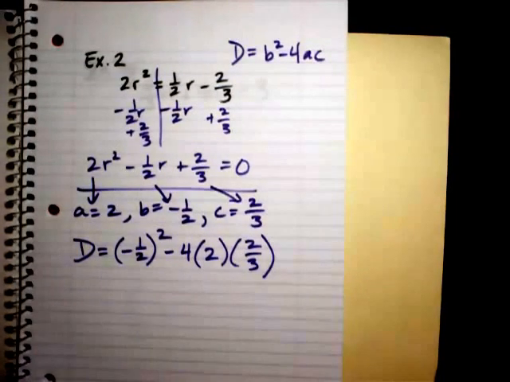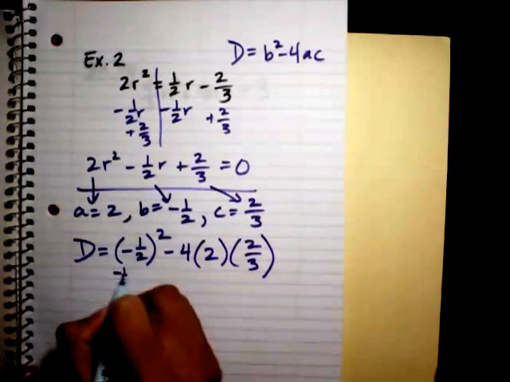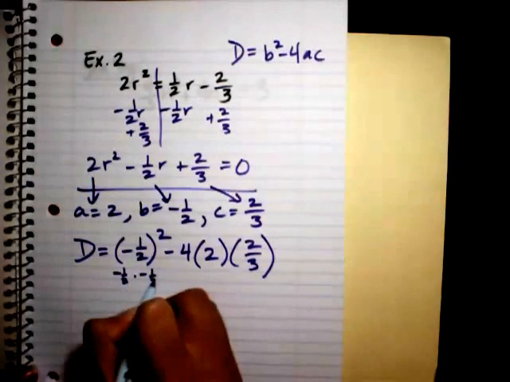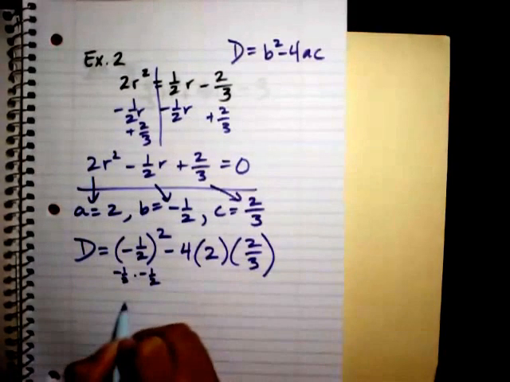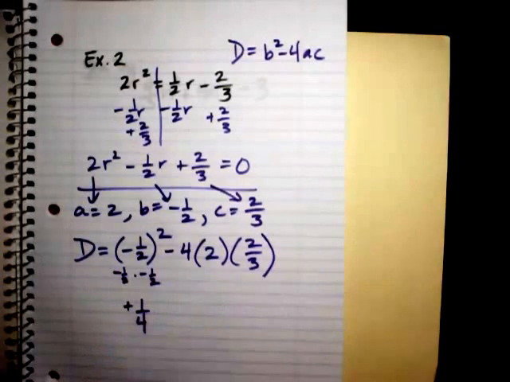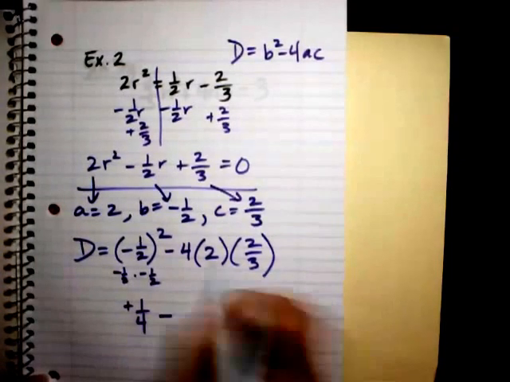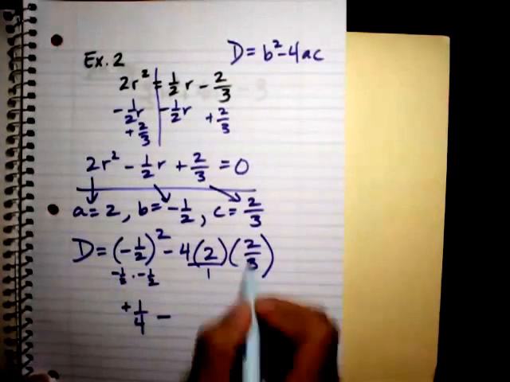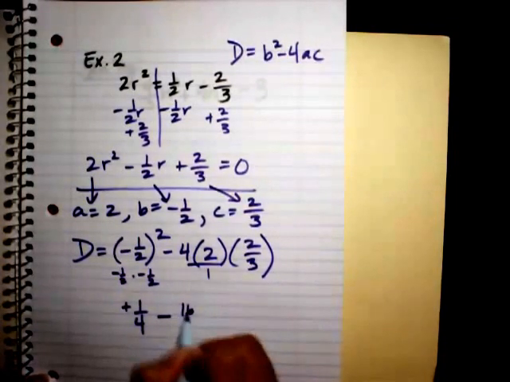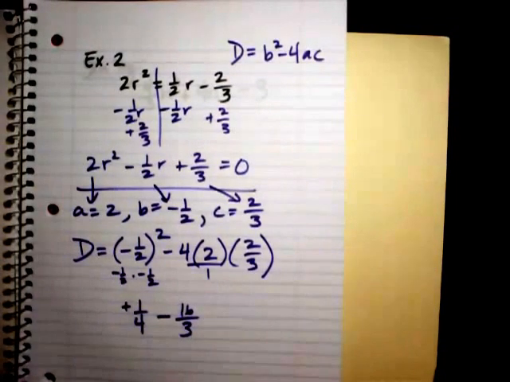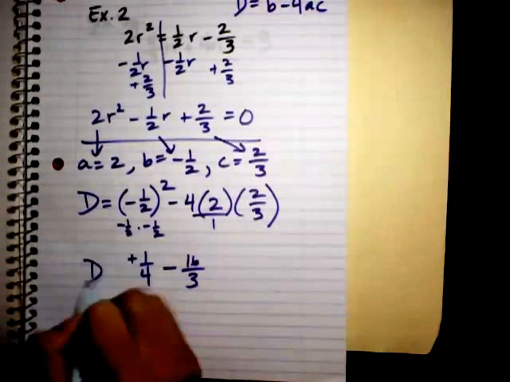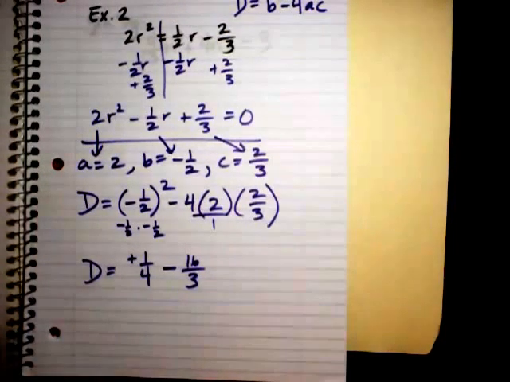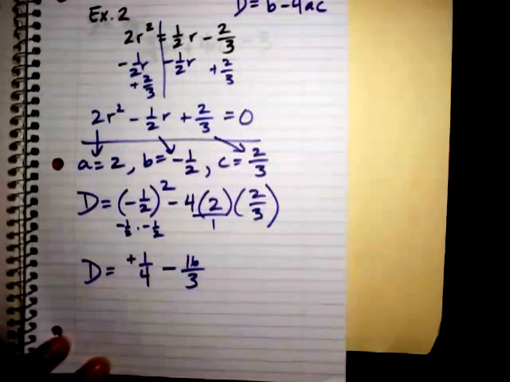Okay, -1/2 squared, well that's -1/2 times -1/2, which gives us a positive 1/4. Okay, minus, here's 4 times 2 is 8, and 8 over 1 times 2/3, so that'd be 16/3. And our discriminant will be the value once we find our common denominator, because we're subtracting, we need common denominators, and it looks like it'll be 12.